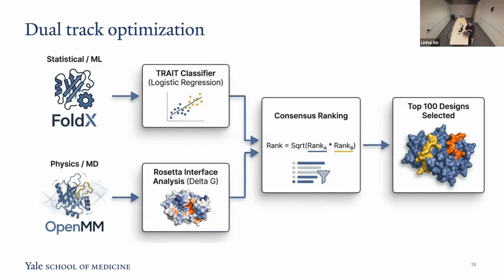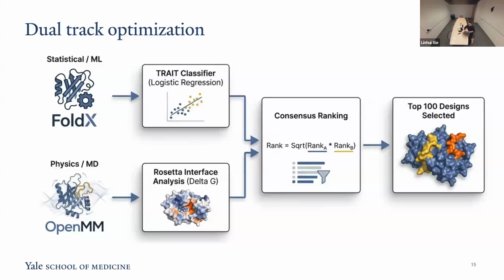For your information, if the delta G value is smaller, there is strong potential that this complex is highly reliable. Based on these two metrics we get two rankings, and we use the consensus ranking, the geometric mean of these two rankings, and we end up with the top 100 high quality results for our whole pipeline.